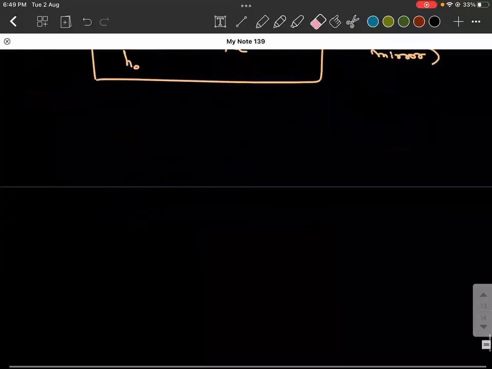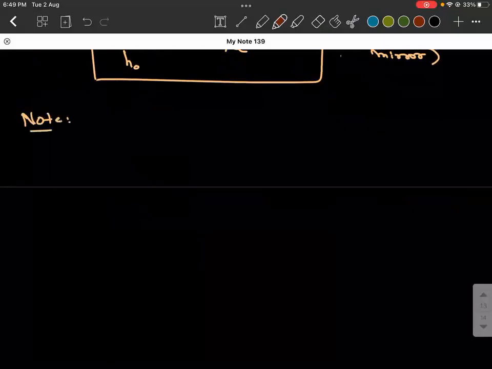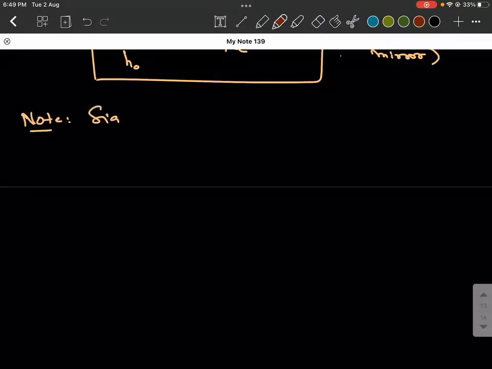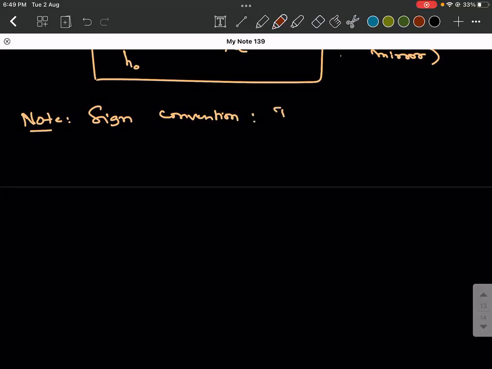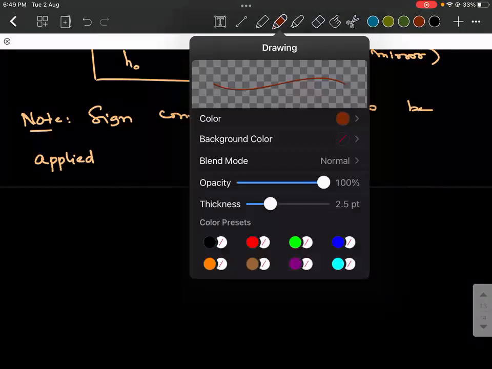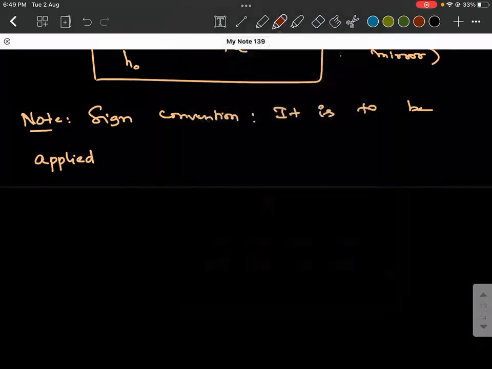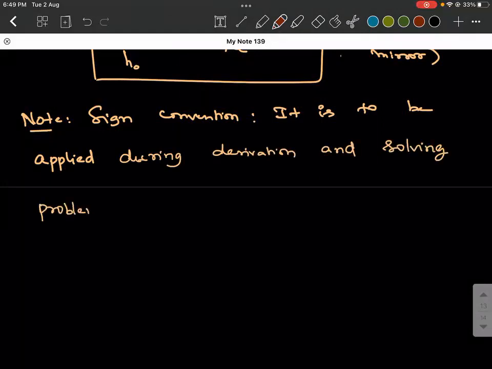Yes. So here an important note to be made is about the sign convention. If you see, the sign convention is to be applied during derivation and while solving problems.